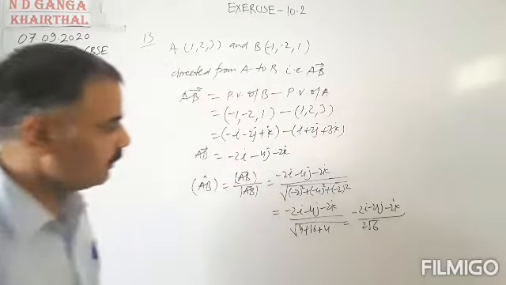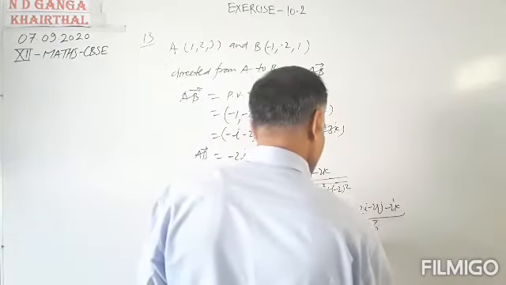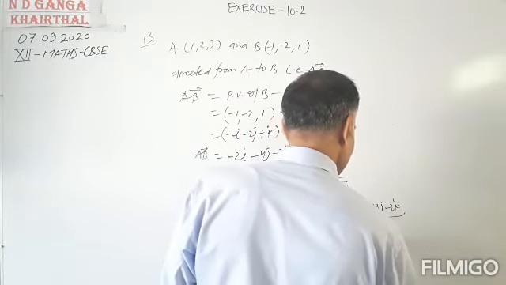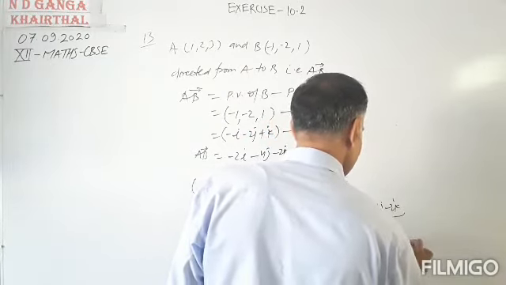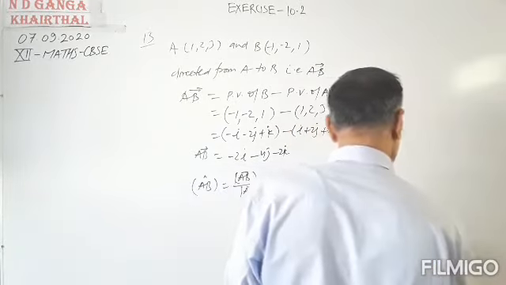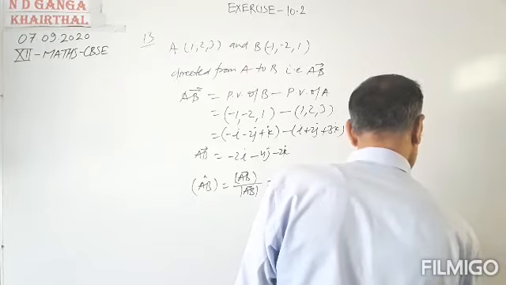Okay, so components are minus 2 upon 2 under root 6 i cap, minus 2 upon 2 under root 6 j cap, minus 2 upon 2 under root 6 k cap.